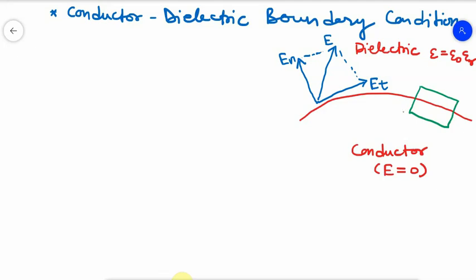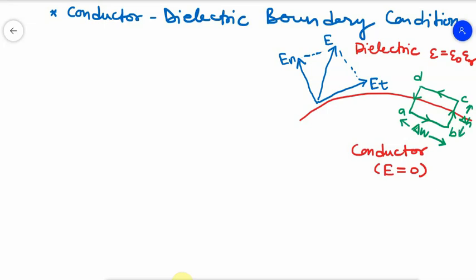Let us say this is A, B, C and D. We move from A to B, B to C, C to D, and then D to A. Del W is the width as we assumed in the dielectric boundary condition, and del H is the height.